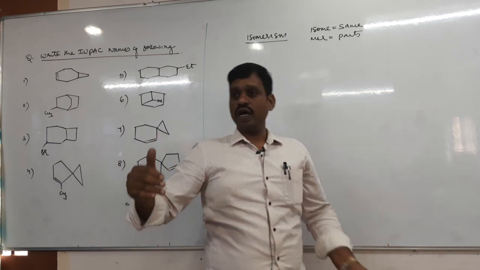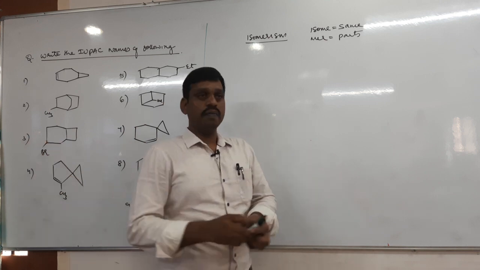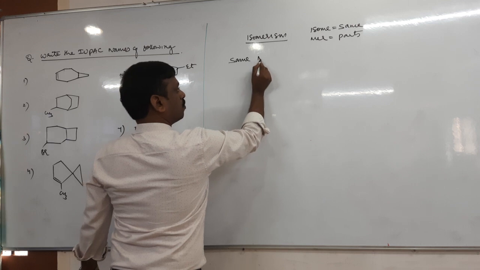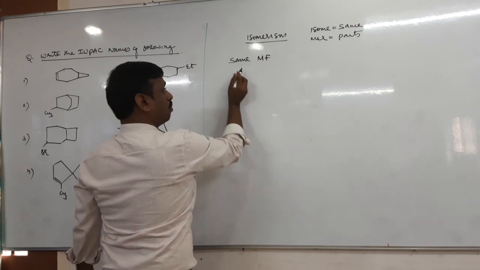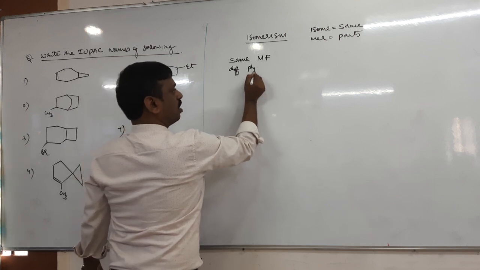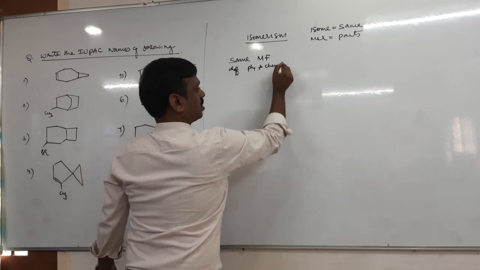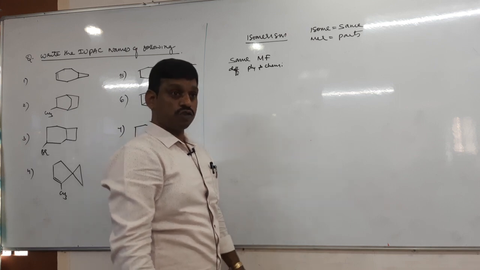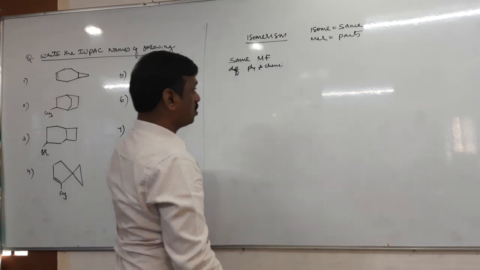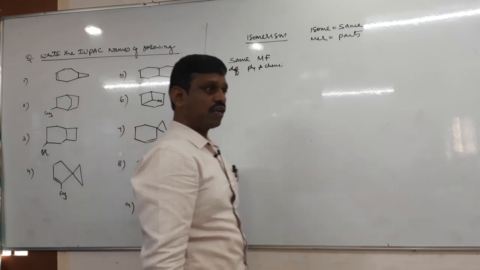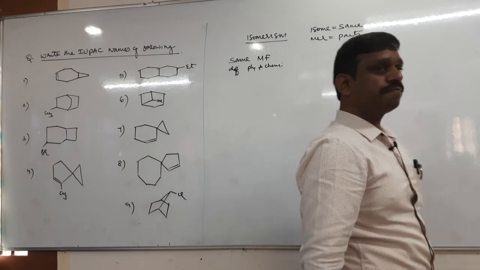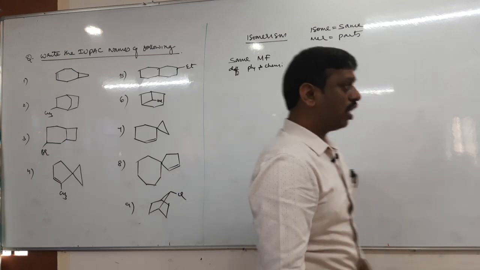So organic compounds having the same molecular formula but different physical and chemical properties are isomers. Isomerism in organic compounds is further classified into basically two types: structural isomerism and stereoisomerism.